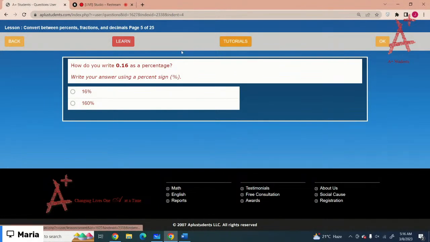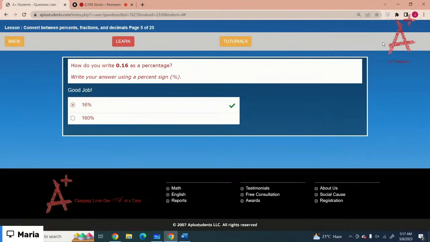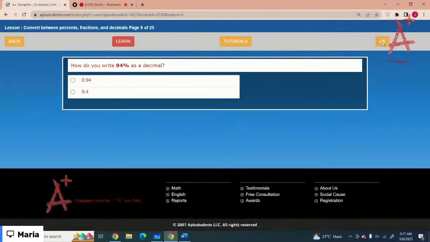Got it? Okay, the next one is how do you write 94% as a decimal? So, which is the correct option? 94 divided by 100 is, very good, that is 0.94.